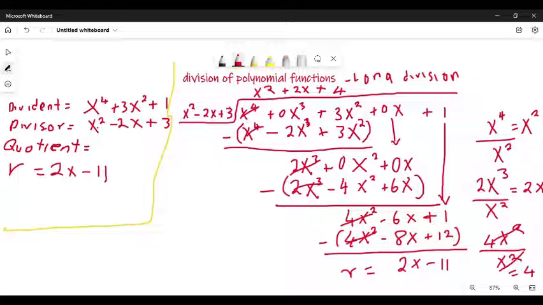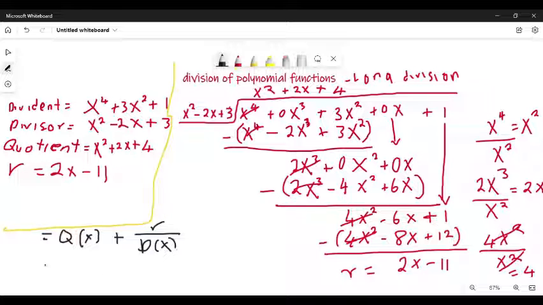Then you write your quotient, which is x squared plus 2x plus 4. Then you write it the way you are supposed to write it. In this case, you write the formula, meaning the dividend over the divisor is equal to the quotient, Q of x, plus the remainder over the divisor, D of x.